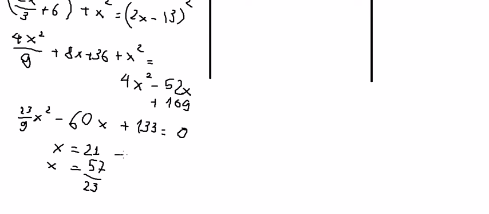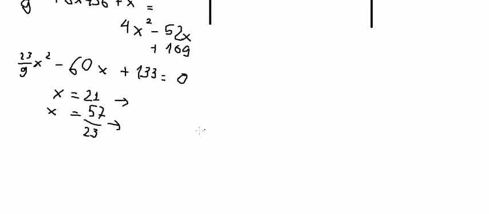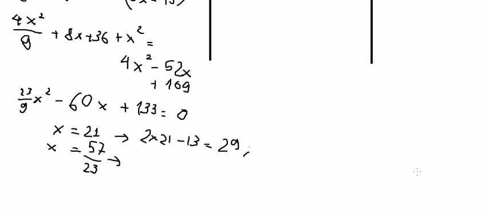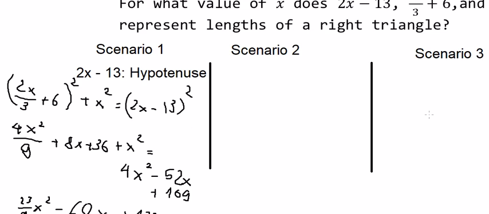Later, we put the value back in here. So we have 2x, 2 multiplied by 21 minus 13. You will get 29. The next one is 2x over 3 plus 6.